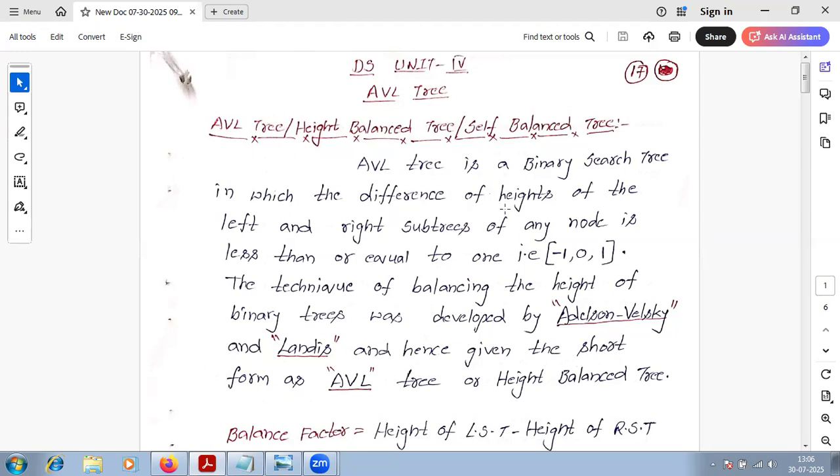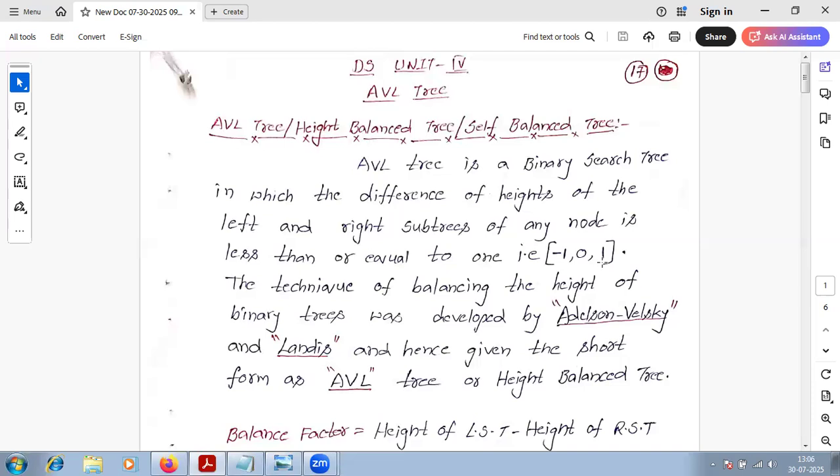The difference of heights of the left and right subtrees of any node is less than or equal to 1. That means the balance of every node should be equal to -1, 0, or 1. That's it. This is the condition we have to satisfy.